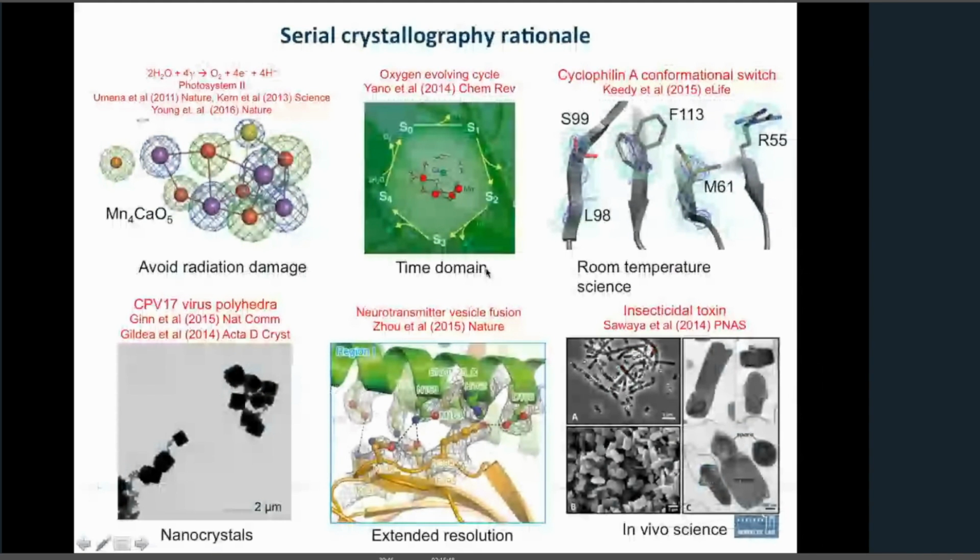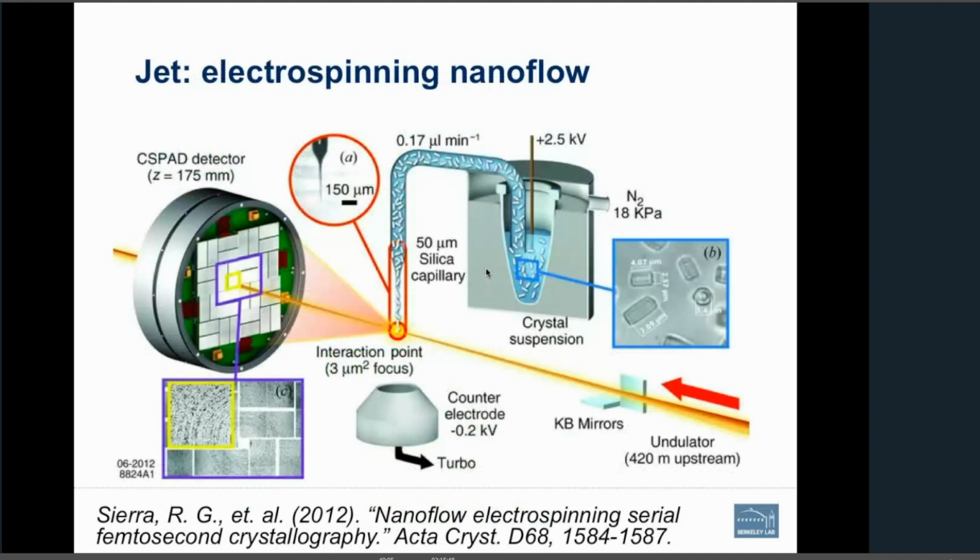And we've been able to study crystals in vivo. Much of this work can be done at synchrotrons as well, and so people have been investigating sample delivery mechanisms in such a way to do things like room temperature crystallography and time domain experiments.